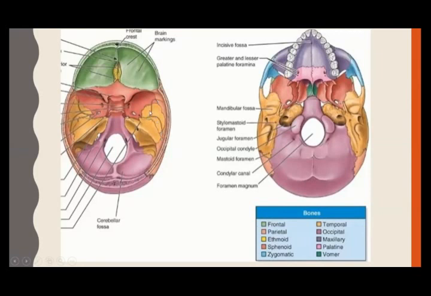Look, the anterior branch is crossing this point. This is the point where four bones meet. This is the pterion, and you see the anterior branch of the middle meningeal artery crossing the inside of the pterion. Okay, dear? Is this thing clear?